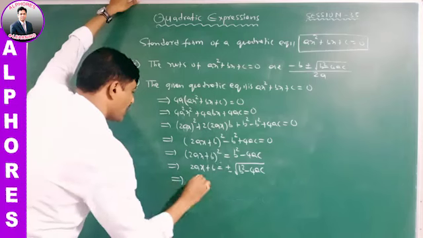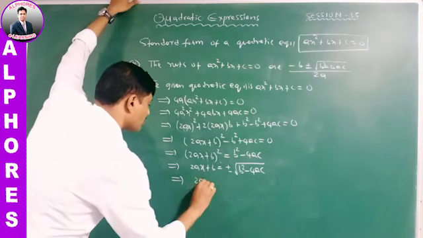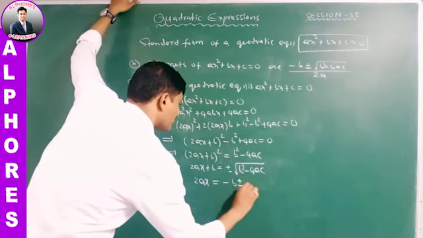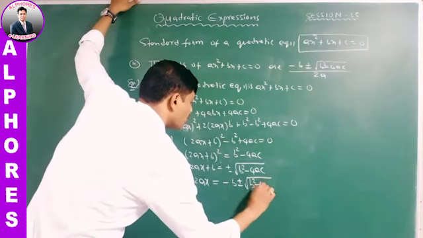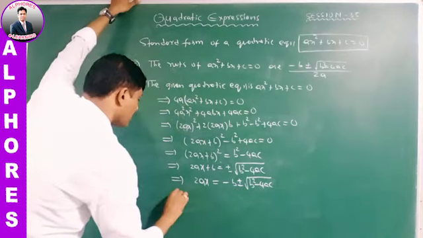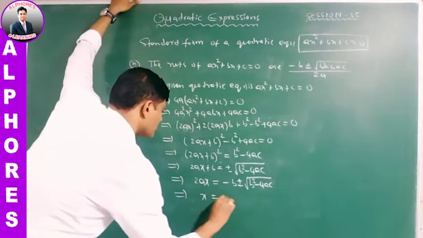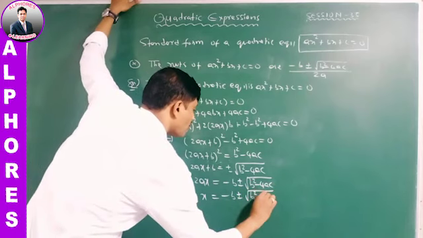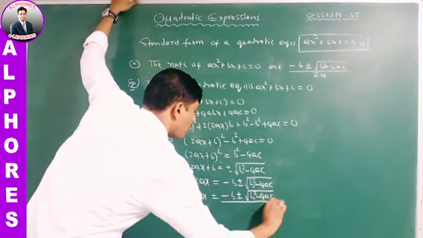Now this implies 2ax = −b ± √(b² − 4ac), so x = (−b ± √(b² − 4ac)) / 2a.